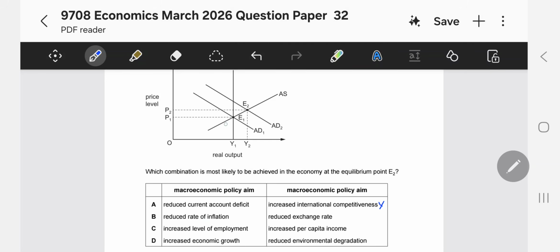Reduced rate of inflation, as you can see, the prices are going up, so this one is not true. And increased level of employment, so employment is increasing. Increased per capita income, this one is very possible. Increased economic growth, that's true. And reduced environmental degradation, this one may not work. So the correct answer there will be C.